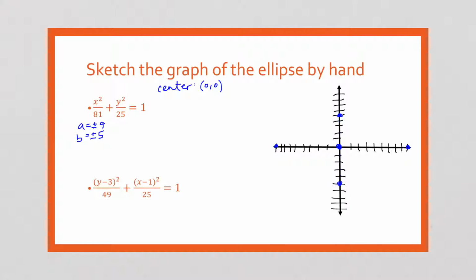Okay, well, let's just do that then. Okay, then we draw this box. This is my a, and this will be negative a, positive a. And this will be b.